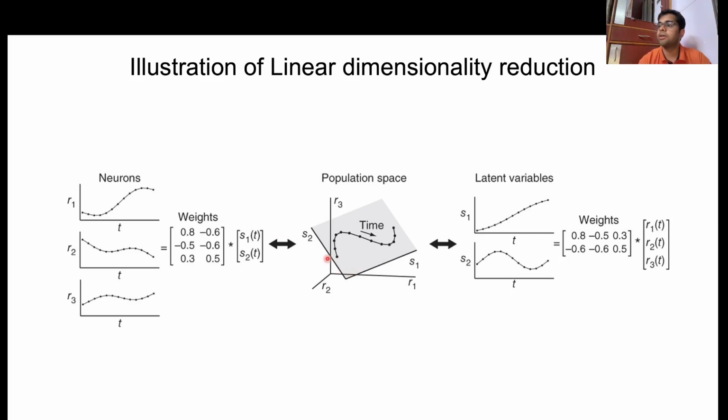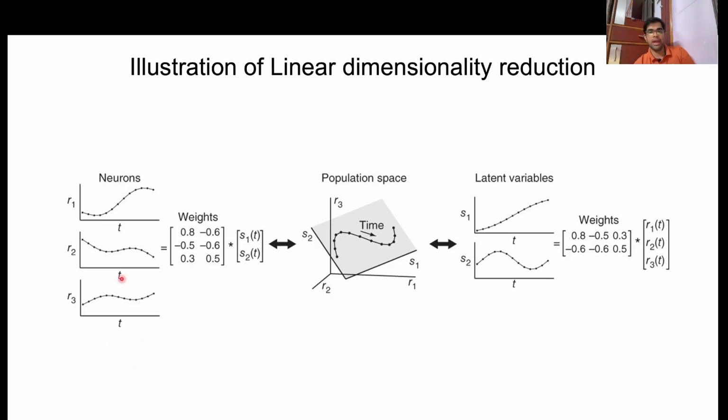But usually the neural dynamics, all this interaction between these three neurons, has some structure. Therefore it usually lies in a low dimensional plane as shown here, S1, S2. So these are the latent variables, and the whole structure is restricted to only this subspace, and this is what gives rise to this complex neural activity.